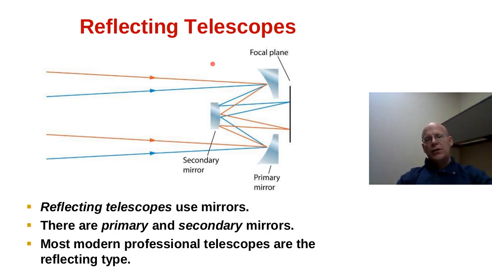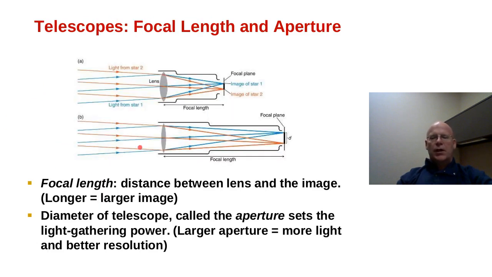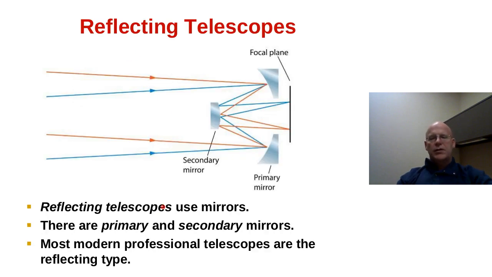You can see a huge advantage of this is the heavy part, the guts of this, is on the ground. It's not way up in the air on the other end of the telescope like it is on the refractors, right? You have to support that. With this, all you need is a hollow cylinder up here. The other advantage is you only have to have one perfect side of the mirror.